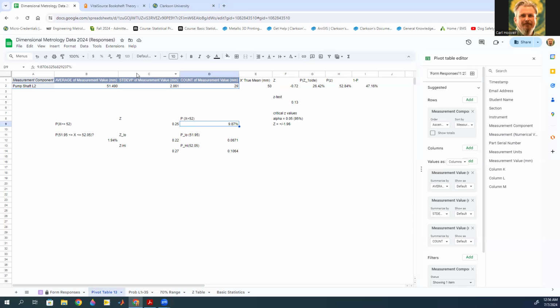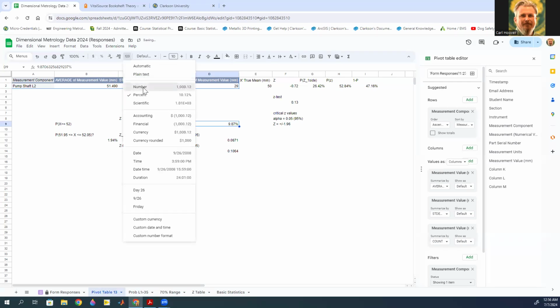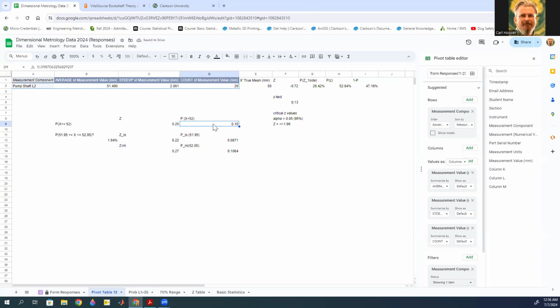So we could put that in as 0.0987 plus 0.5, and that would be 60% probability that the value is at least 52.